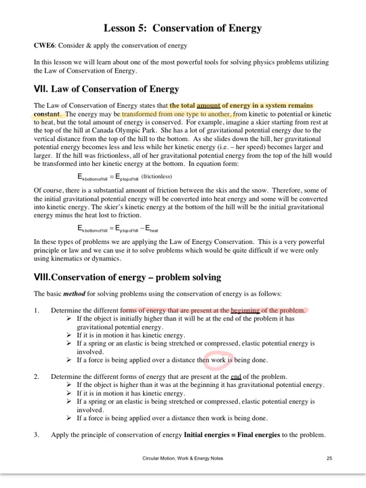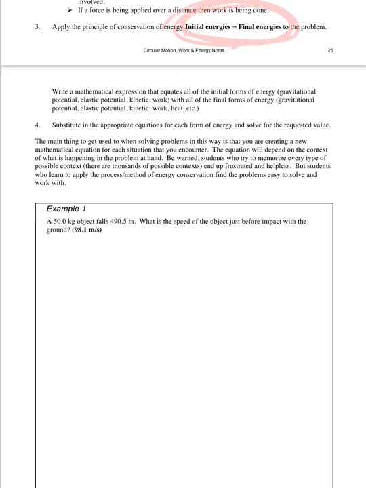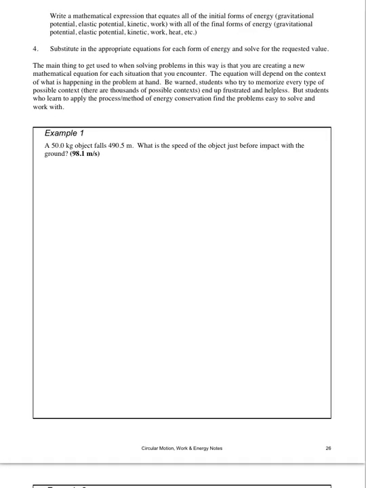So don't forget that we can include work in this. Then we're going to determine the forms of energy that are present at the end of the problem. List them out, again, using those kinds of ideas. And then we're going to apply the principle of conservation of energy, saying that our initial is equal to final. We'll write a mathematical equation that says that, and we're going to substitute in and get going.